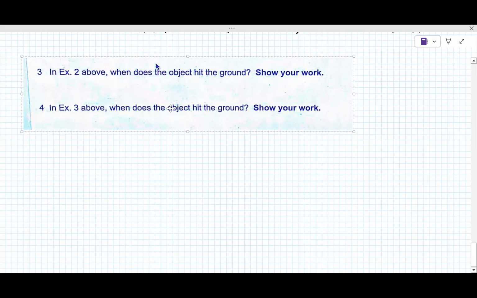In example 3 above, when does the object hit the ground? And I take that to mean there's an example in the lead up to this. Yeah, I can check right now, maybe send it to you. Okay. Yeah, let me just find. Okay. So example 2 and 3. Yes, looks like we need example 2 and 3. I'll just scan through the rest to see if there's any others we might need.